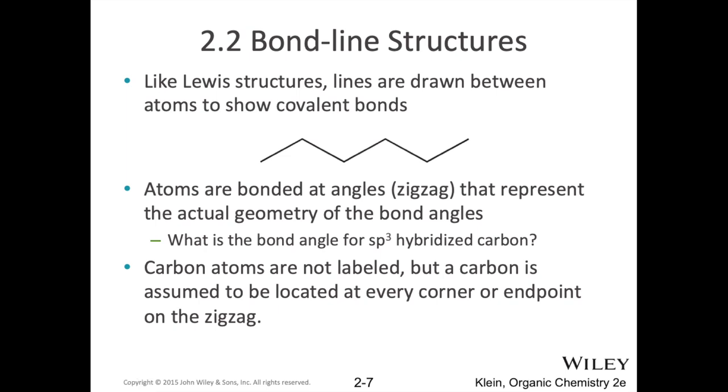If you drew this as a straight line, it would be tough to see where each of the individual carbons are. By drawing our string of carbons in this fashion, it's easier to tell how many carbons are present. Now, don't forget to count the ends of the line as carbons as well. So in this example, we have 1, 2, 3, 4, 5, 6 carbons present.